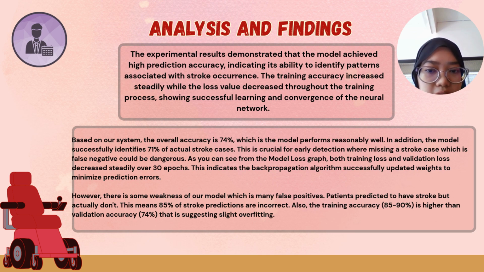However, there is a weakness of our model, which is many false positives, where patients are predicted to have stroke but actually don't. This means 85% of stroke predictions are incorrect. Also, the training accuracy, which is 85 to 90%, is higher than validation accuracy.